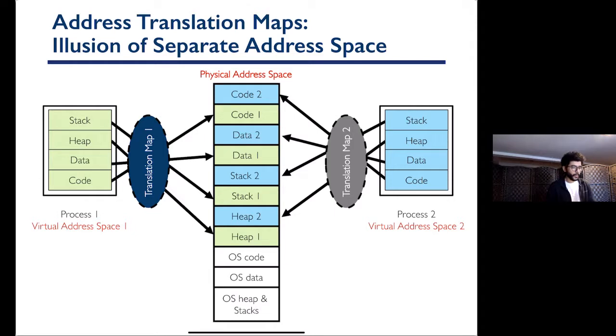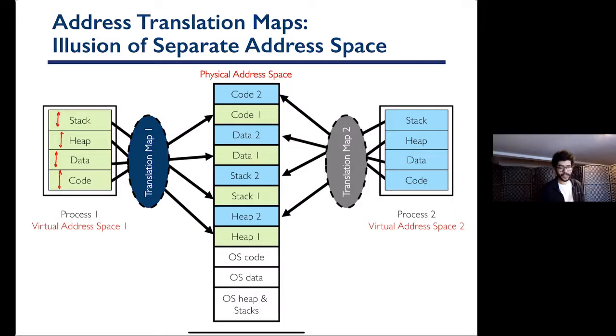Usually, we have segments of virtual address space. Like, for instance, here we have a segment that is the code, a segment here that is data, a segment here that is heap, and another segment here that is a stack.